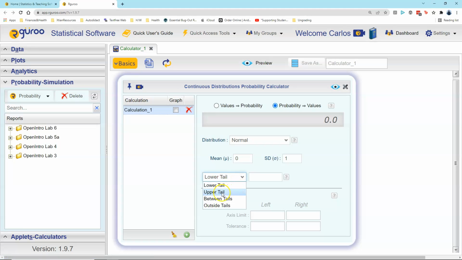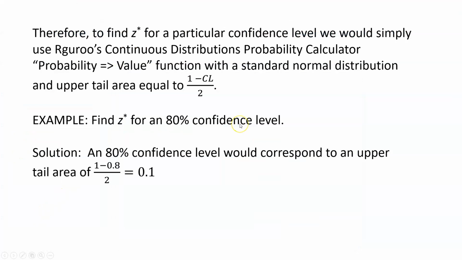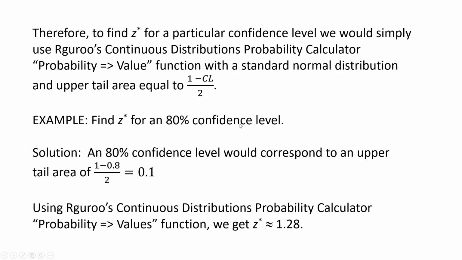I'm looking for the z-score value when the upper tail area is 0.1. I hit preview, and I see that my z-score value to 2 decimal places, because we always round this to 2 decimal places, is approximately 1.28. So to conclude our example, for an 80% confidence level, z asterisk is approximately 1.28.